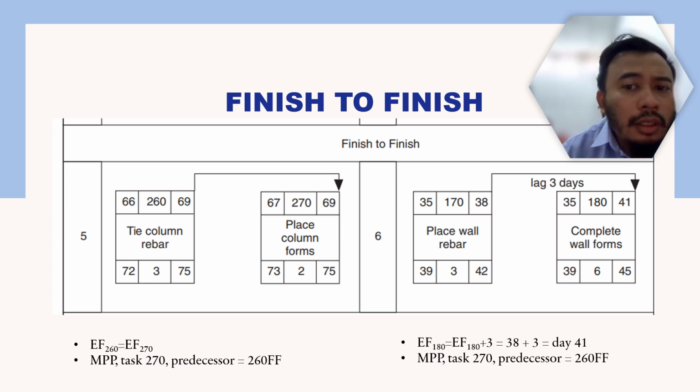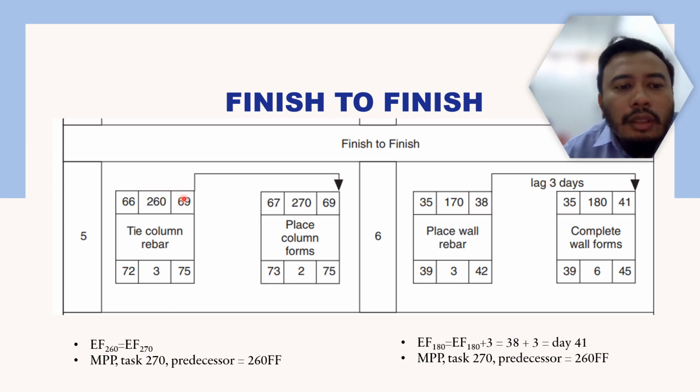As you can see here, the arrow between tie column rebar and place column forms, activity 260 and 270, is connected on the earliest finish of each activity. So the earliest finish of 260 is equal to the earliest finish of 270.